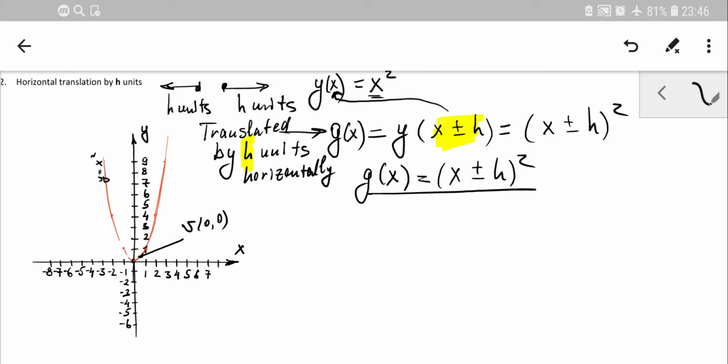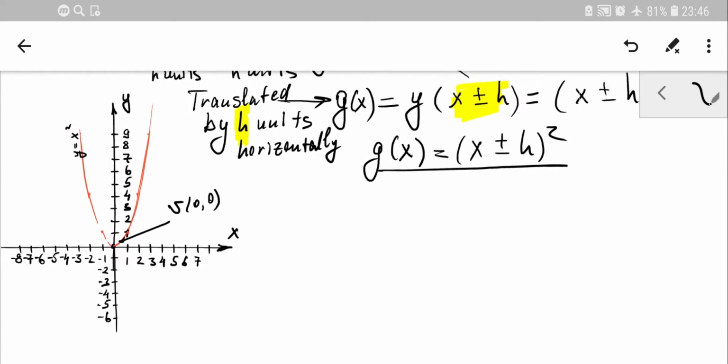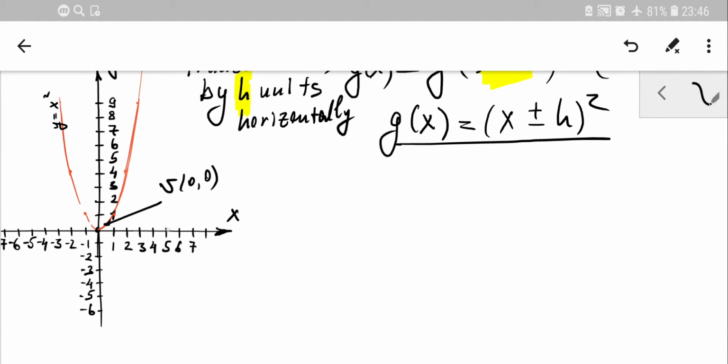If you have a translation and your vertex becomes, let's say, somewhere here at 5, then obviously the new vertex of the function g will have the coordinates 5 and still 0, because it was translated horizontally. That's the new vertex. So guys, please tell me, if the vertex has the coordinate x equals 5, how is it related to the formula?